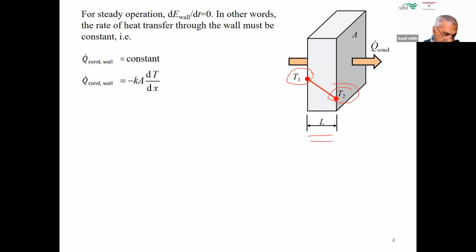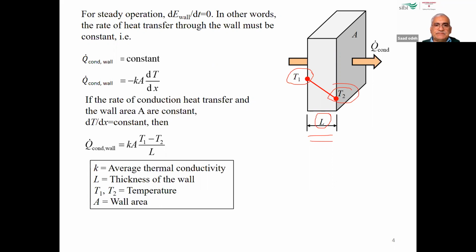Here we call it L, so dx means the thickness of the wall, and of course K is the thermal conductivity of the wall. Last time we mentioned that thermal conductivity depends on the material, right? So different materials have different values of K. Okay, we get the K value from tables, or sometimes they give it to you in the question.